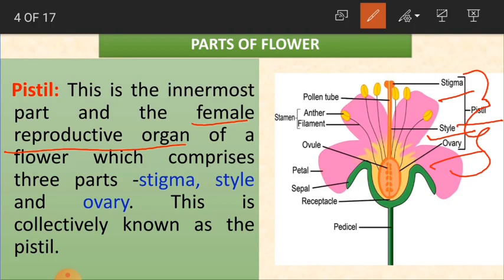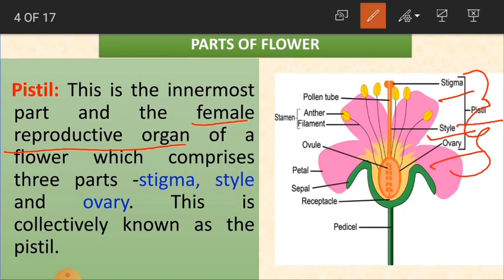This pistil helps in reproducing flowers through seeds. For example, we human beings reproduce human beings, animals give birth to animals. Same like that, plants also give birth to plants.